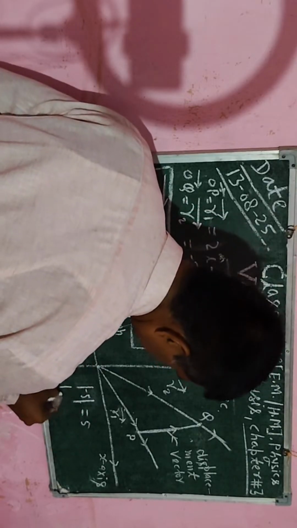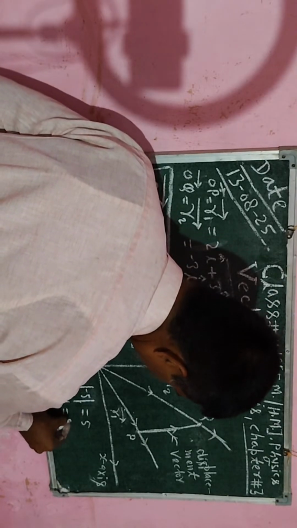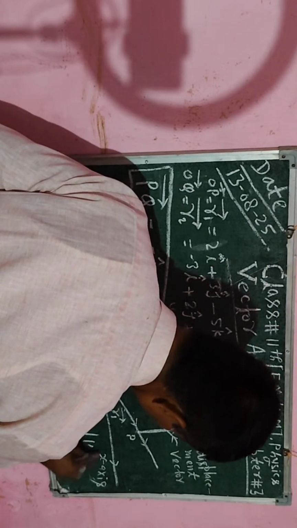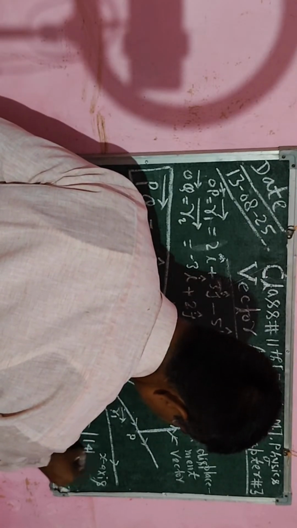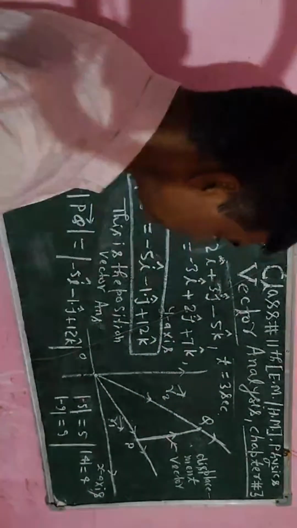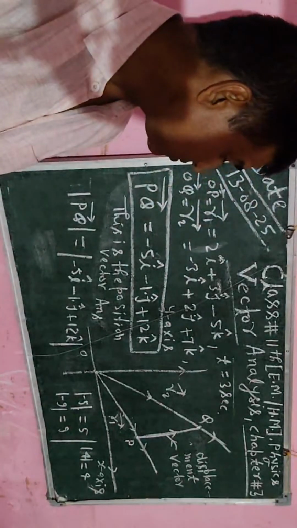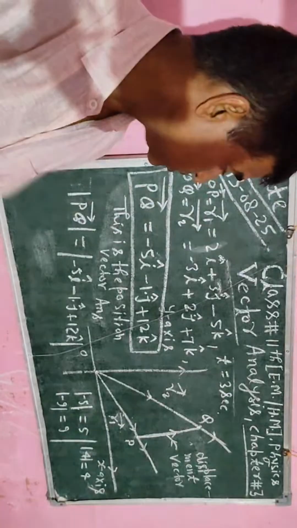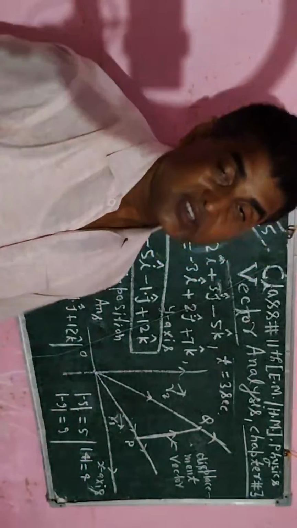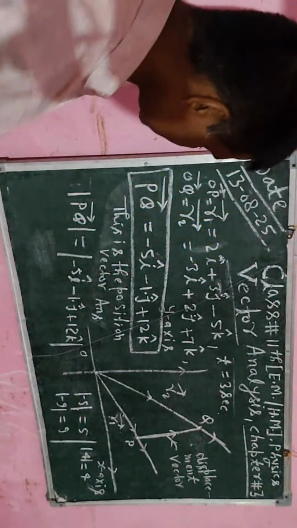If within this operator is -5, it will give a positive value. If within this operator is -9, its value will be 9. If 4 is inside the mod, I get the value 4, because modulus always gives a positive sign. If a negative sign is available, it will give a positive sign. If a positive sign is available, it also gives the same, positive sign. So here I have to take its magnitude.